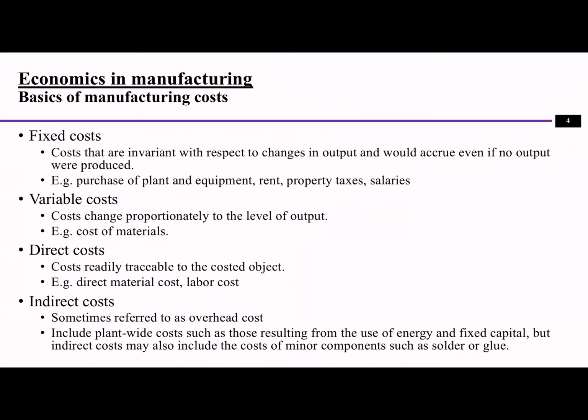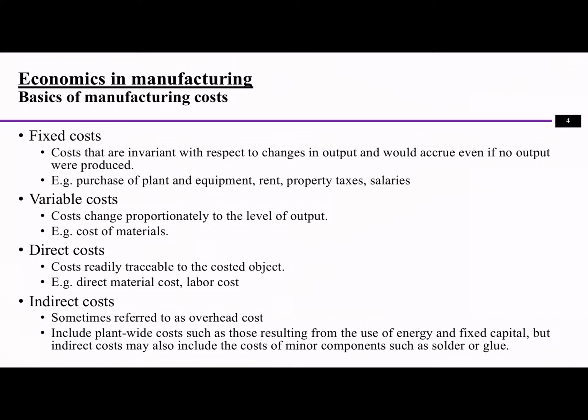Okay. Another type of cost is the variable cost. Variable cost depends on the number of output or the level of output, like the materials, right? The more products you make, the more material you will need. So that's variable costs. When you are doing cost modeling, you have to look at whether those costs depend on the number of products or parts you make.